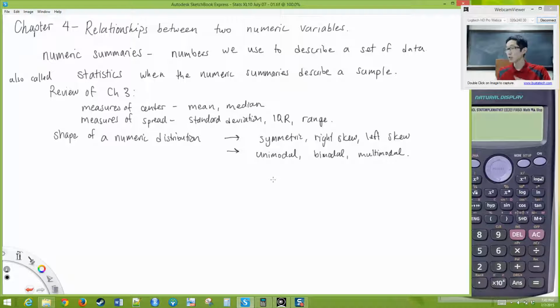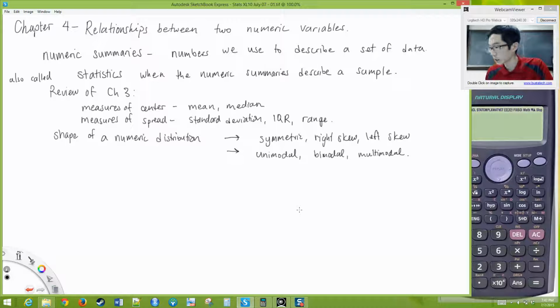Okay, and so today's lesson, and actually in other lessons of the course, we'll look at other relationships, but here we're looking at two numeric variables. Later on we'll look at a relationship between a categorical variable and a numeric variable. Okay, but today we focus on two numeric variables.